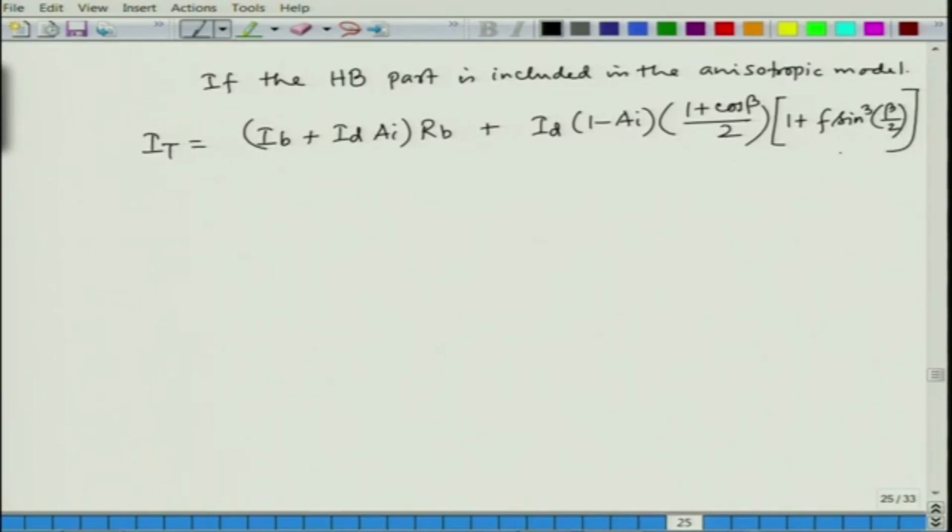Okay. So, you can see here, let me just finish it first, plus I rho g 1 minus cos beta divided by 2. Okay.